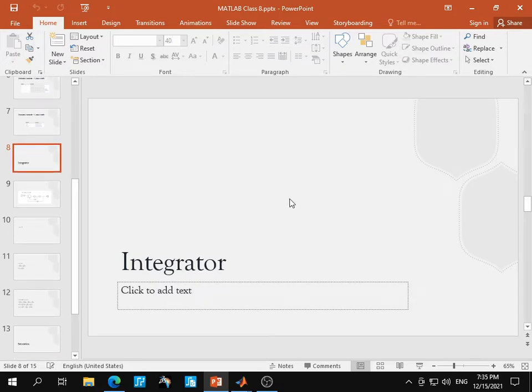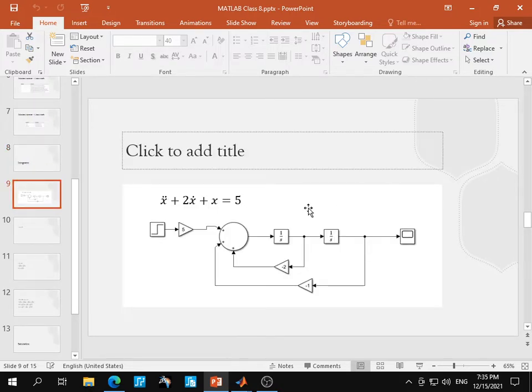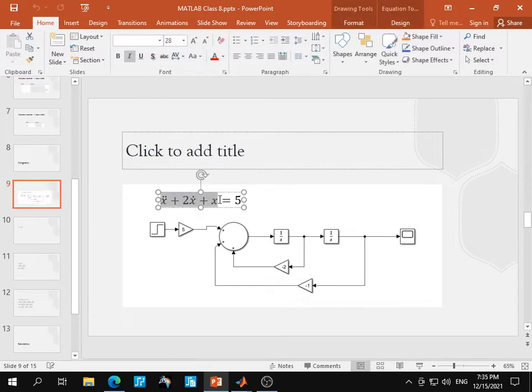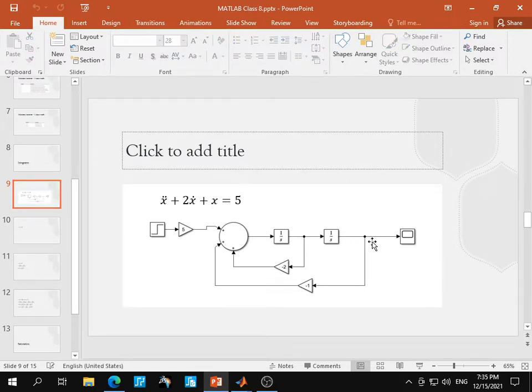So let's get to the main topic today, the integrator. Remember last week we did this. This is the Simulink model for this ODE. But why is it formed like this?